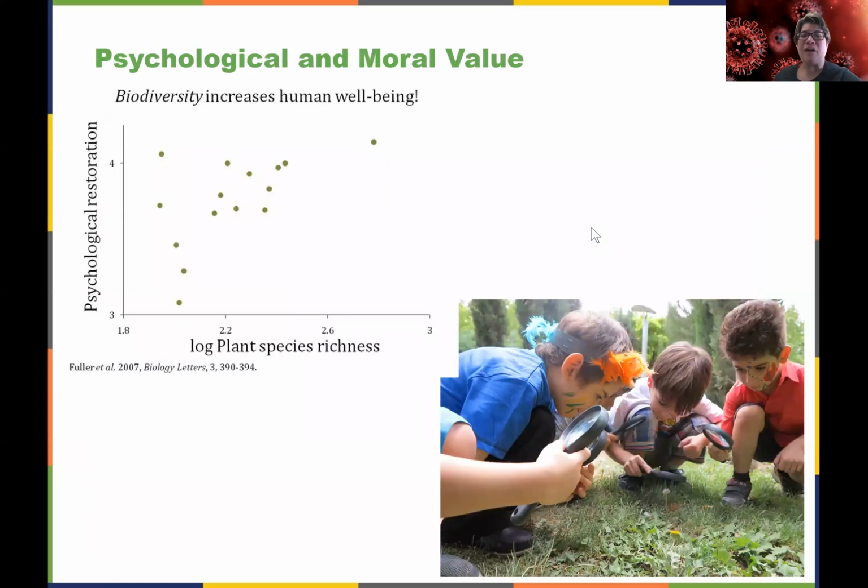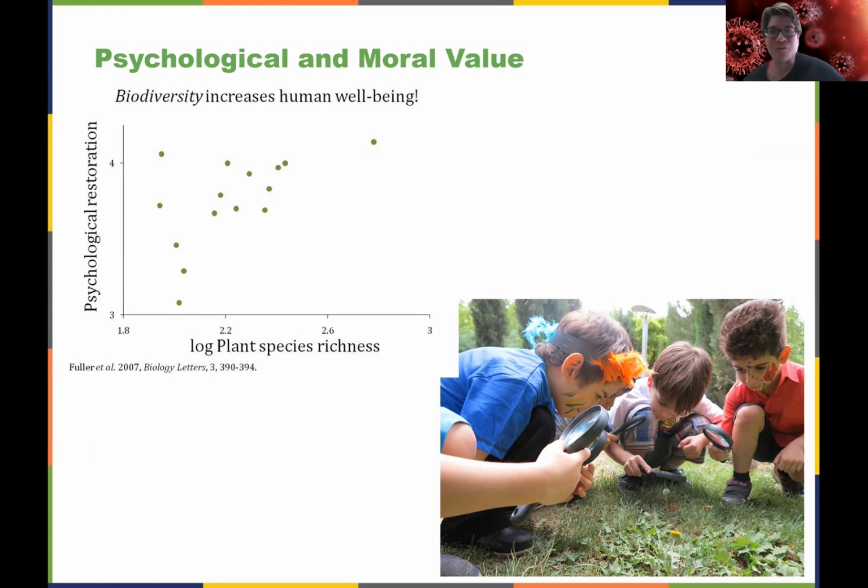And the other value of biodiversity is psychological and moral value. And so what this means is that we get a lot of psychological value out of going out and being part of nature. And I think we're all pretty well aware of that in our area. There are some kids that live in really urban areas and they don't have a chance to experience that.